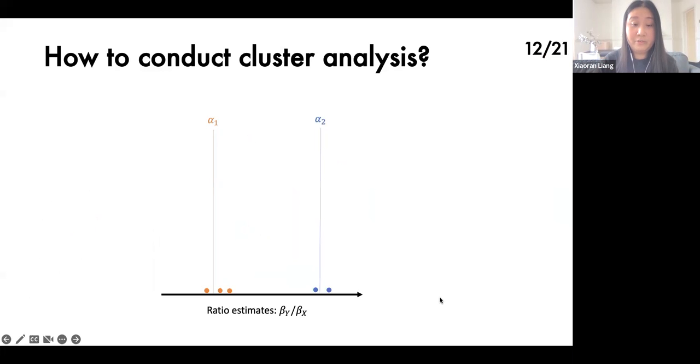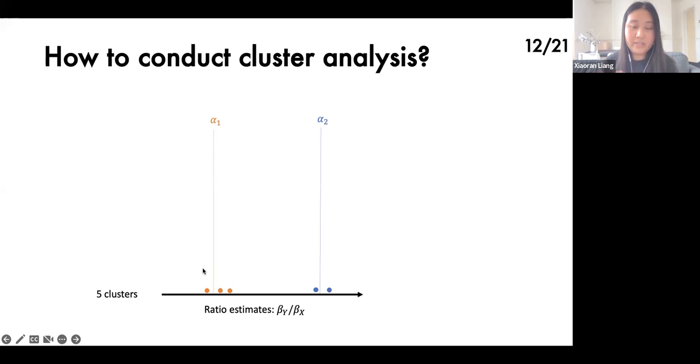Of course, in reality, we couldn't observe true causal effects, and we couldn't observe the color marking the cluster membership. All we can observe are just those 5 ratio estimates. But for illustration purposes, I will still show the colors as membership, and I will still show the true causal effects.